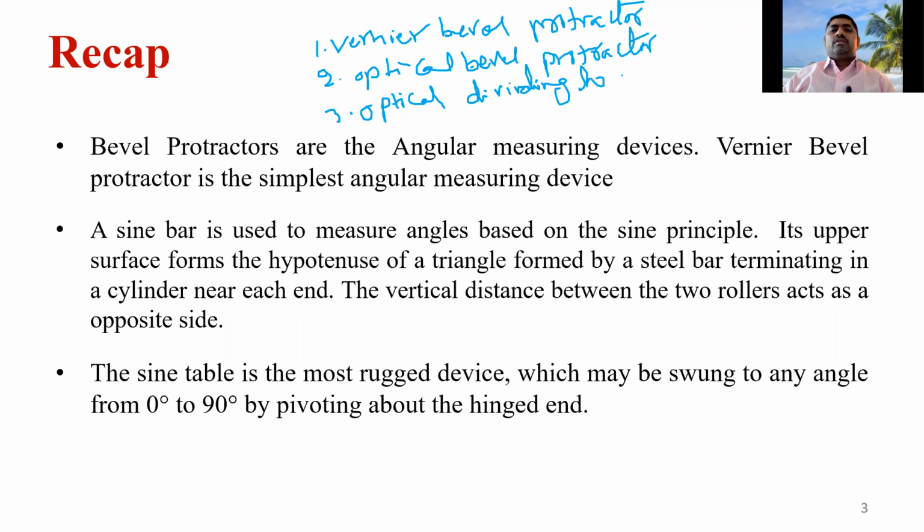And then we discussed the sine bar for measurement of the angle. So the bevel protractors are angle measuring devices. In this, the vernier bevel protractor is the simplest one for measuring the angle of the given component. And the sine bar is used for measuring the angles.